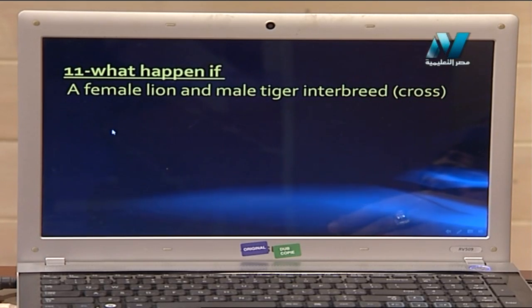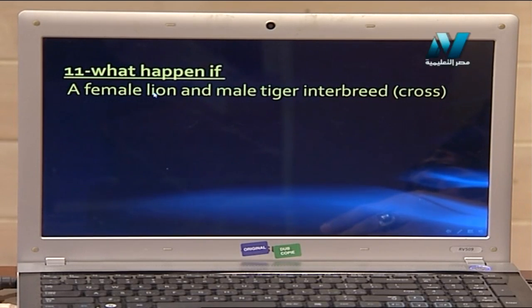What happens if a female lion and a male tiger interbreed, cross? A female lion is a species.